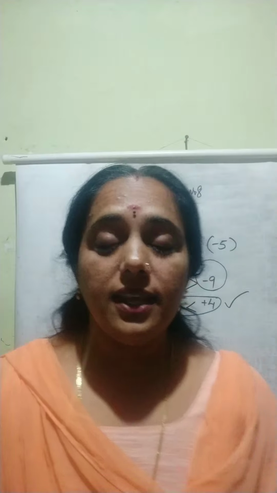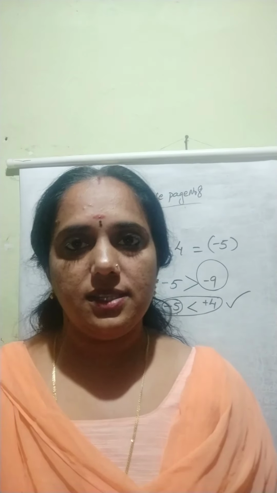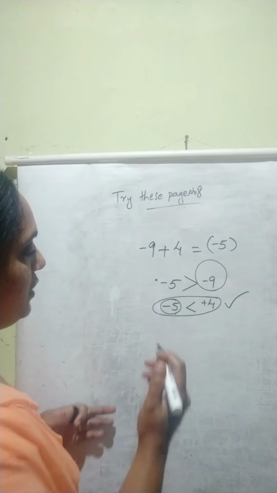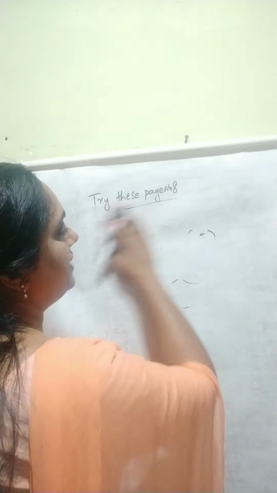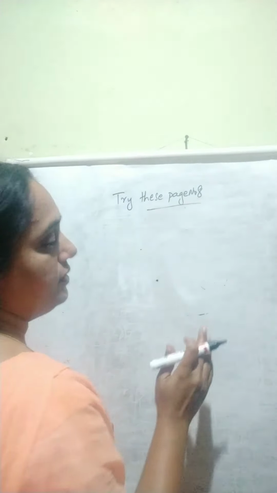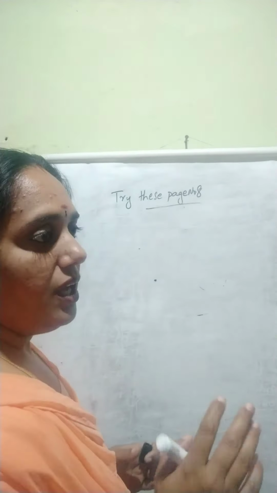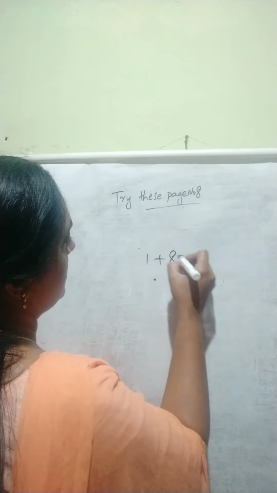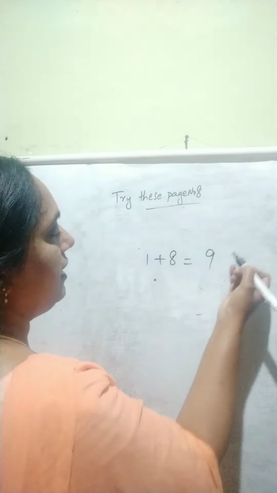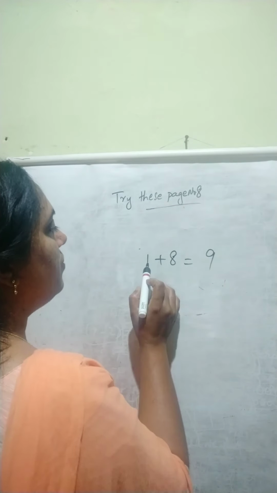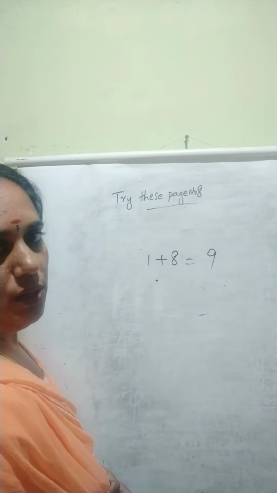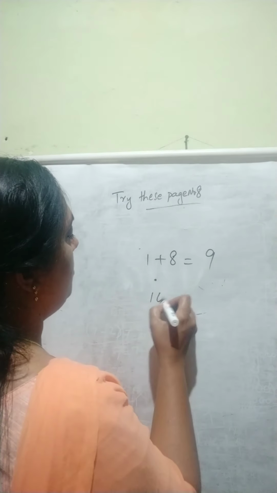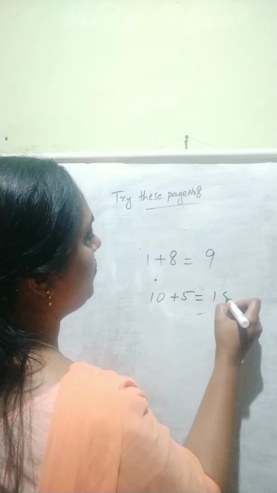An integer greater than both the integers. That is, we have to get an integer as the answer. When we are adding two integers, we will get an answer. That is 1 plus 8. We will get 9. 9 is greater than 1 and 8. Okay. Then 10 plus 5. We will get 15.